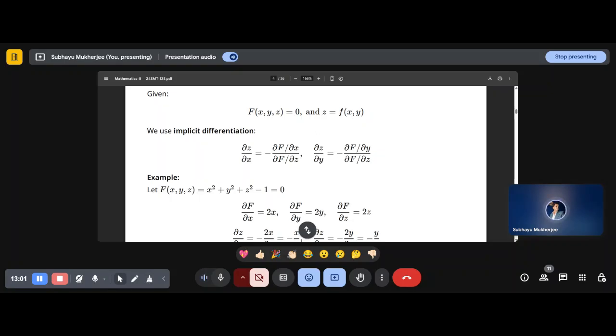Because if you use the simple fraction division concept once again, del f will get cancelled, and here too del f will get cancelled, and del z will go up, del y will come to the numerator.